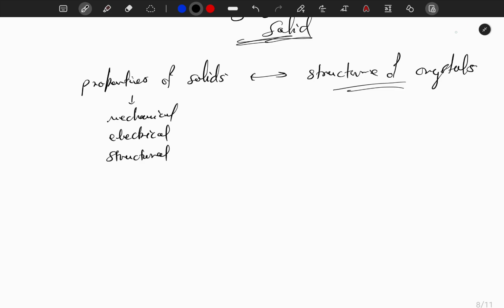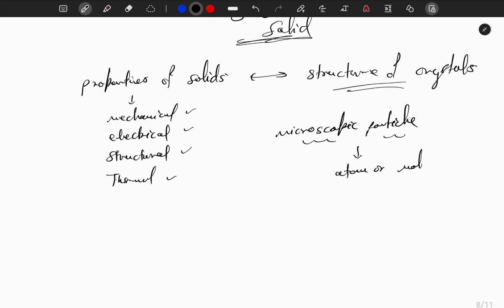The study of crystal physics aims to interpret the macroscopic properties, like mechanical property, electrical property, structural property, or thermal property, in terms of properties of microscopic particles. Microscopic particles like atoms or molecules, of which the crystal is made up.